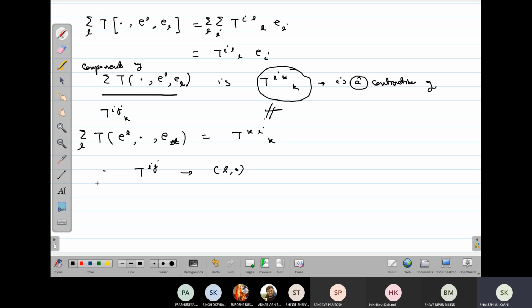So in terms of components, you have a tensor of rank (2,1). Instead of doing all this process, you can understand it in the following way. You first write the tensor in component form T^{ij}_k.